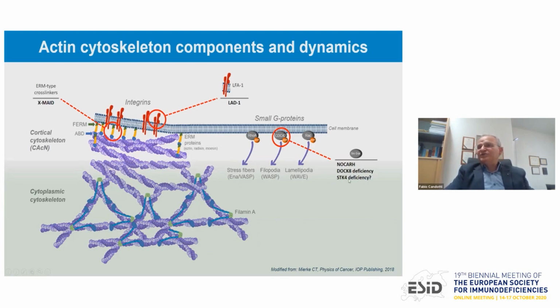And other mutations affecting genes that are in the same pathway as CDC42 are also affecting the actin-containing structures that are regulated by CDC42. This is the case of DOCK8, a CDC42-specific guanine nucleotide exchange factor that activates CDC42, and it is in turn activated, according to some evidence, by the STK4 molecule.